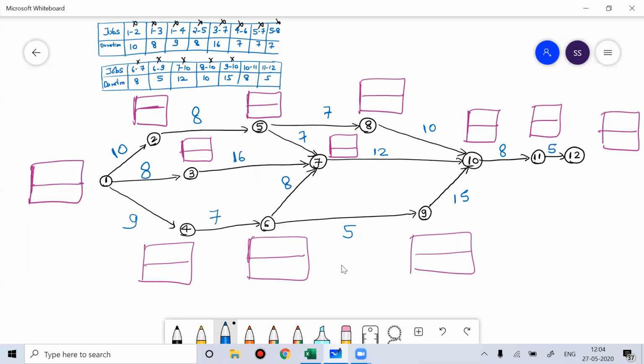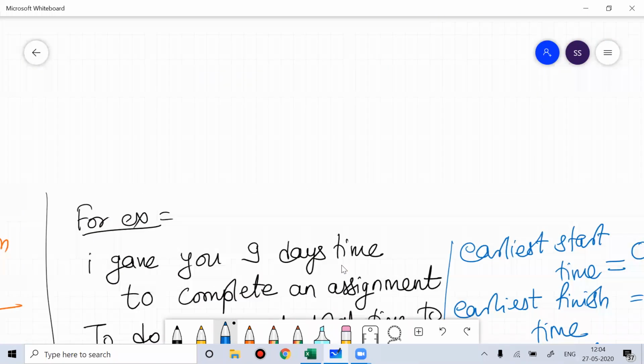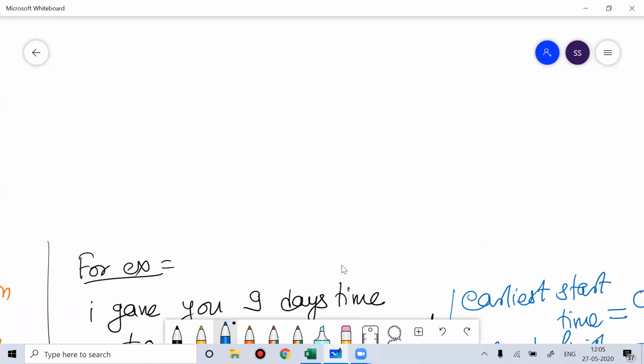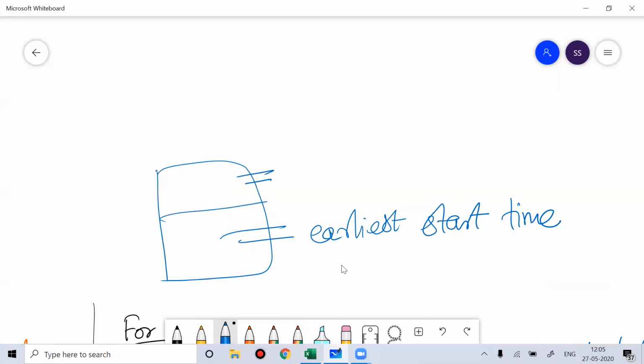What I will fill here is the earliest start time, meaning how early I can start the work. That is called earliest start time. And at the top, I'll fill the latest finish time.